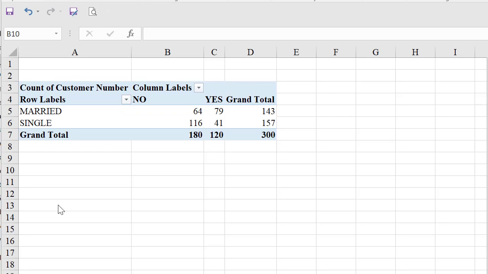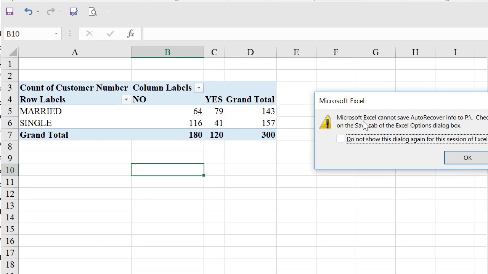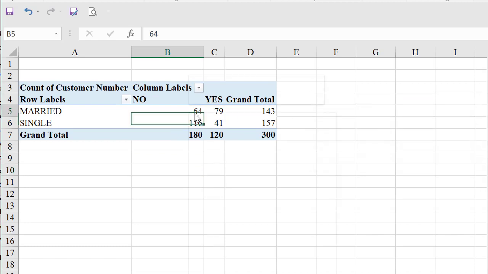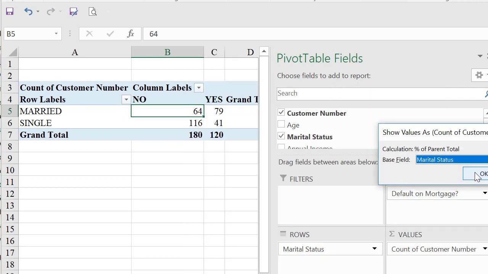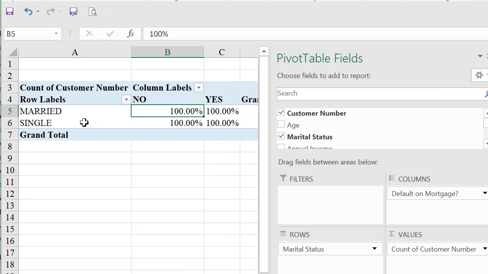So I'm back on my pivot table. Hopefully I will remember to put it back on the regular slides here. What you'll want to do is have your pivot table and right click on here. And you want to do show value as percent of parent total. And you can change that to whatever you want.